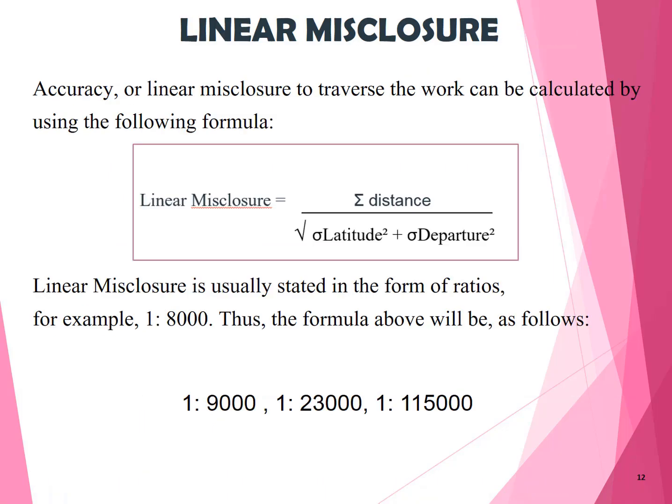Linear misclosure. The accuracy or linear misclosure of the traverse work can be calculated by using the following formula. Linear misclosure is usually stated in the form of ratios, for example 1 to 8,000. Thus, the formula above will give results as follows: 1 to 9,000, 1 to 23,000, 1 to 115,000.